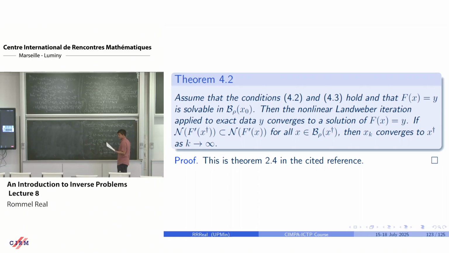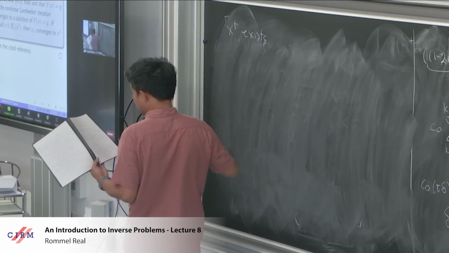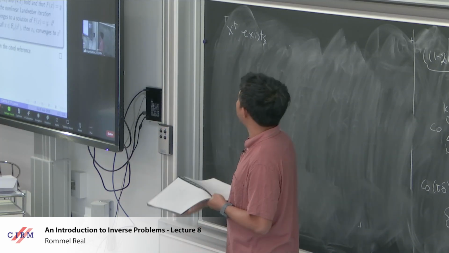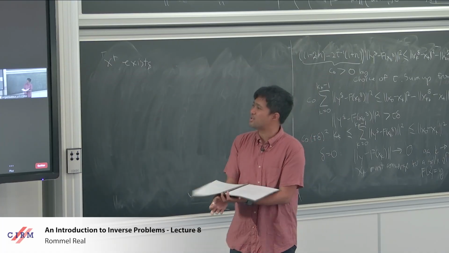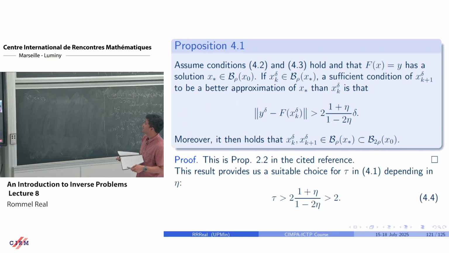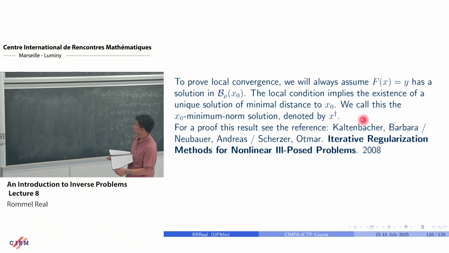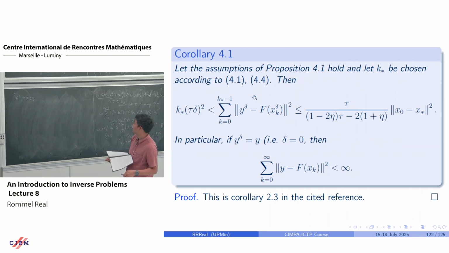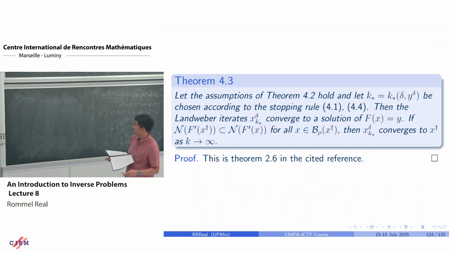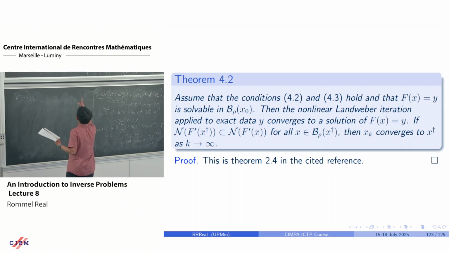Note in this theorem, we know that x dagger exists, and that's from the previous proposition, the previous result that I cited from Kaltenbacher's paper. So we know that x dagger exists.